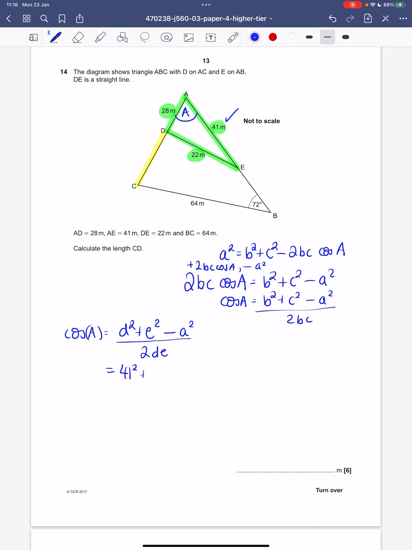And then lowercase e squared is the length opposite E here, plus 28 squared minus, and lowercase a is opposite the A, so it's 22 there. This is going to be over 2 times 41 times 28.